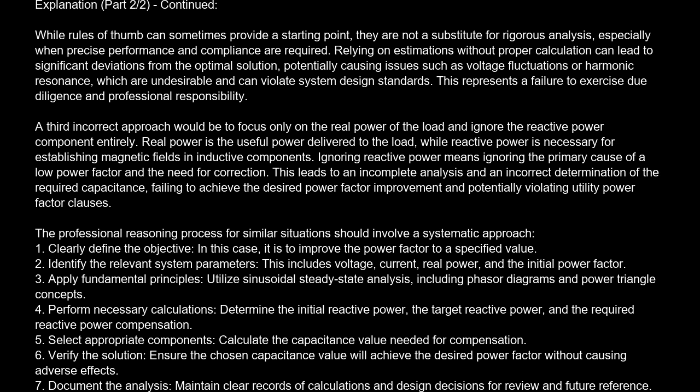Determine the initial reactive power, the target reactive power, and the required reactive power compensation. 5. Select appropriate components. Calculate the capacitance value needed for compensation. 6. Verify the solution. Ensure the chosen capacitance value will achieve the desired power factor without causing adverse effects. 7. Document the analysis. Maintain clear records of calculations and design decisions for review and future reference.